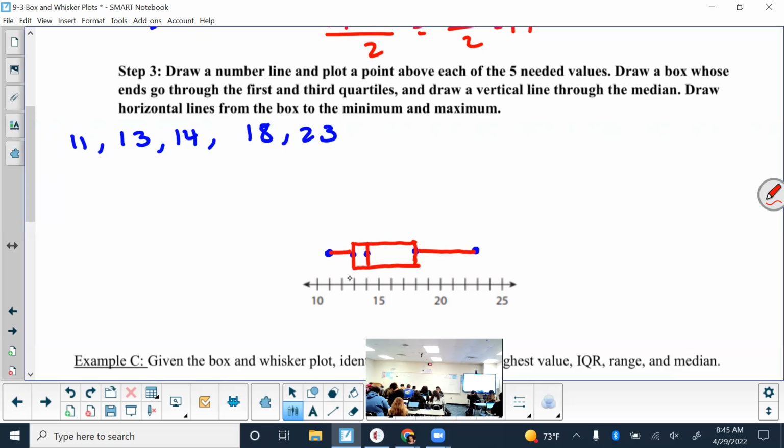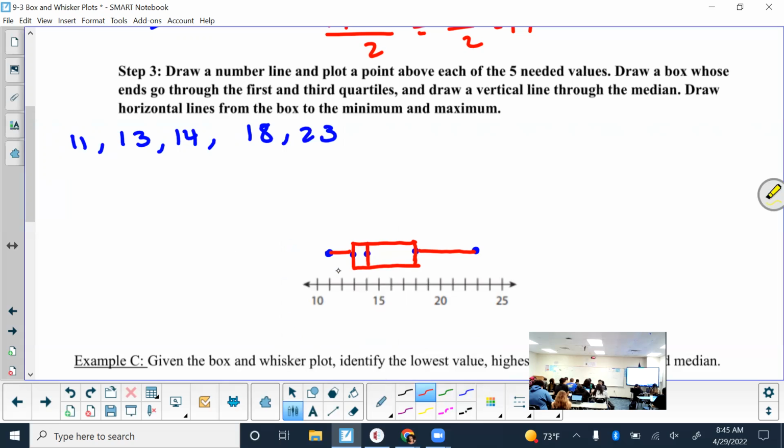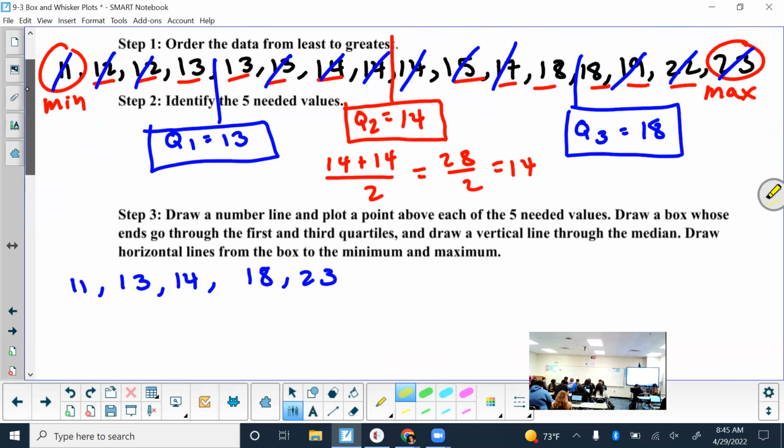All right, so you can see the distribution of the data. Because the median is closer to this part of the data, you can see that most of the data points lie in this region. If you look up at what our data points were, isn't that true?